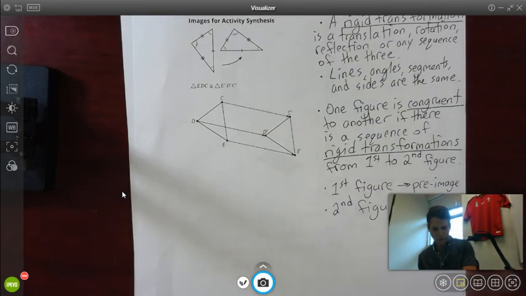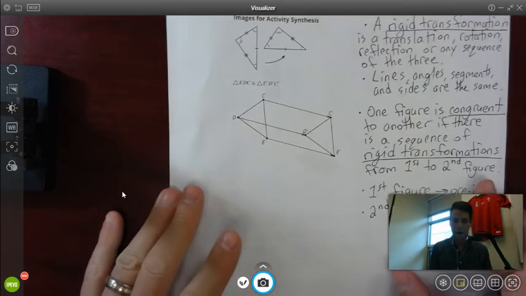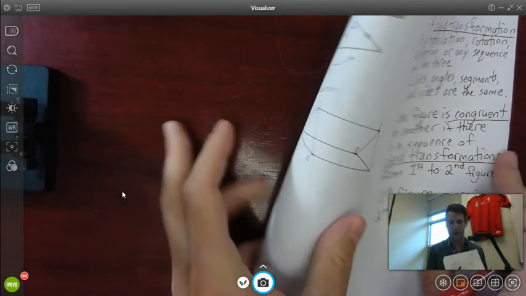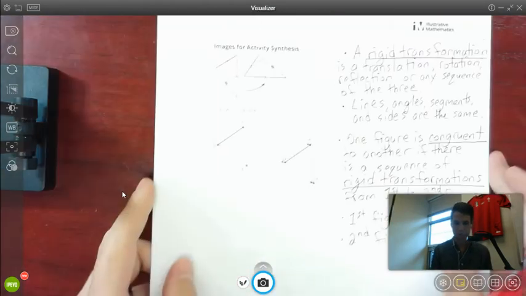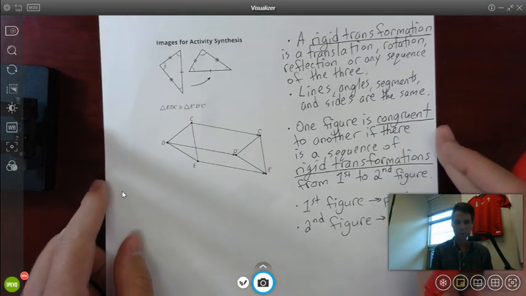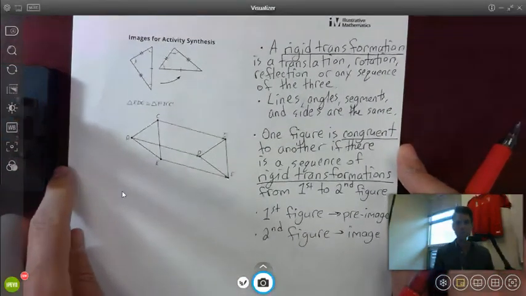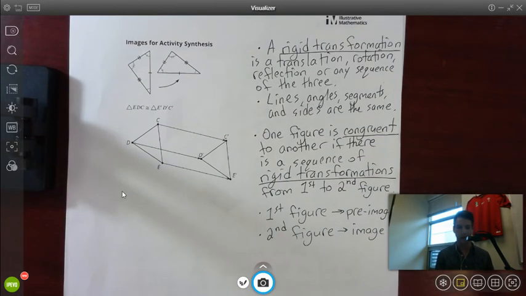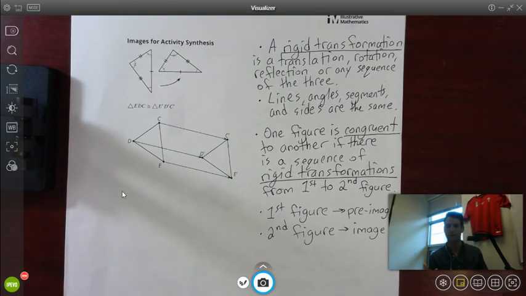So the first thing we need to do to wrap all this up is definitely write down some definitions. We've defined what a translation is earlier. So we know that translation is moving a shape by a certain number of spaces in a specific direction and doing the same thing to all of those points.